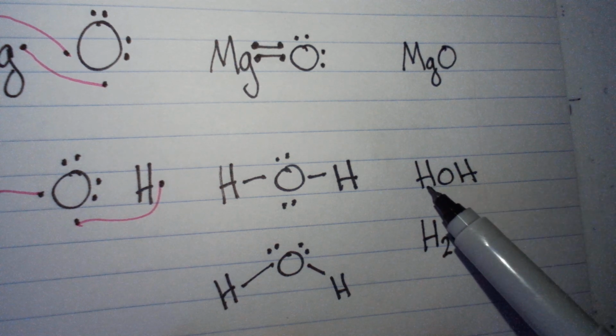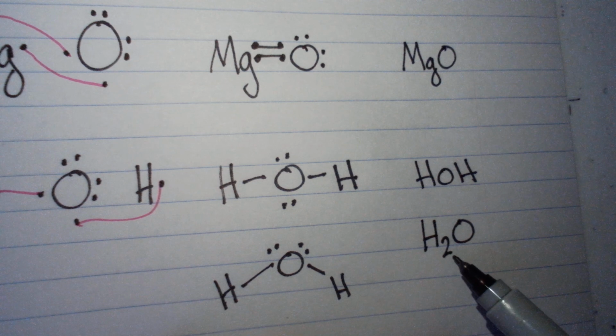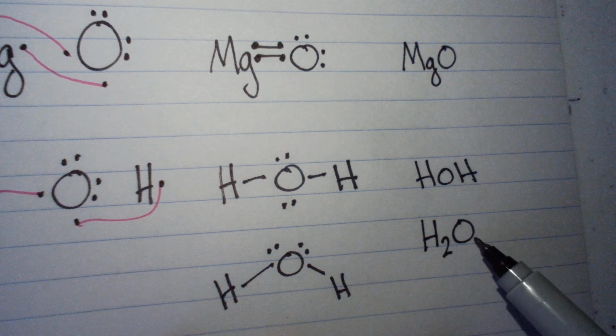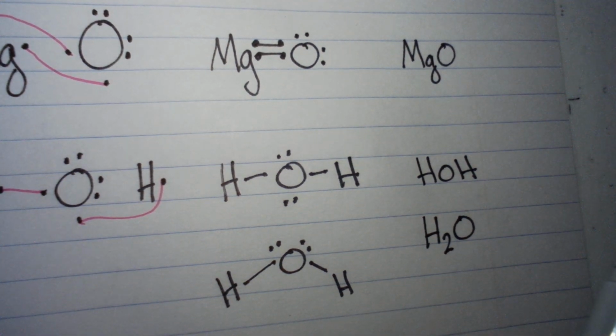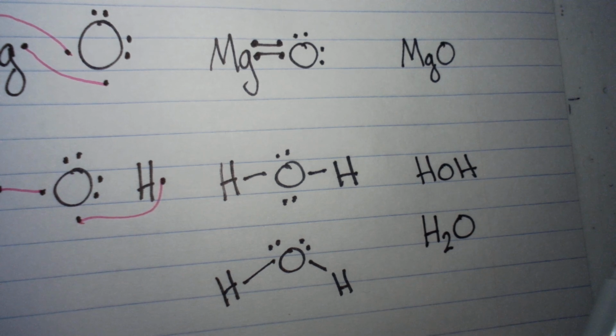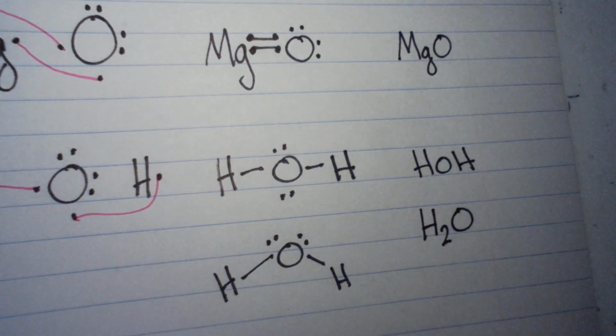So if we know there's 2 H's, we can put that subscript there, and it shows us that we have 2 hydrogens. And we don't have a subscript here, so we just have 1 oxygen. Okay, give me a thumbs up if that makes perfect sense. You got it, you're good. All right, good. Mostly all thumbs up.